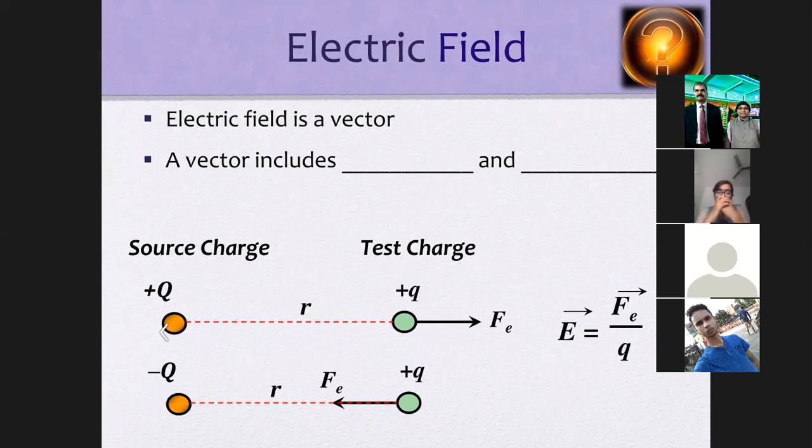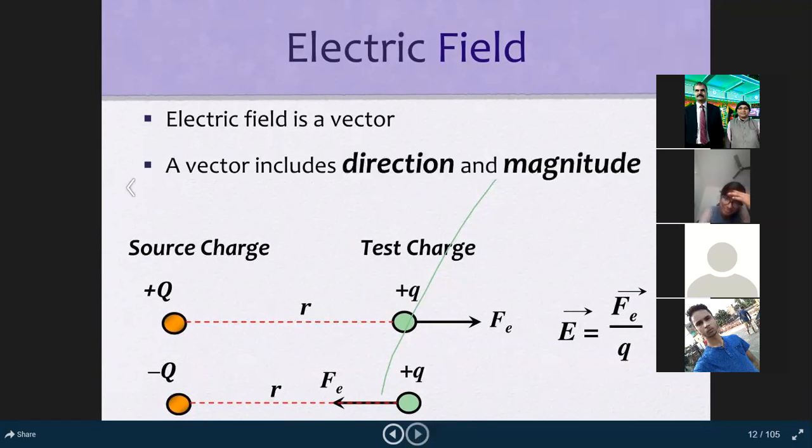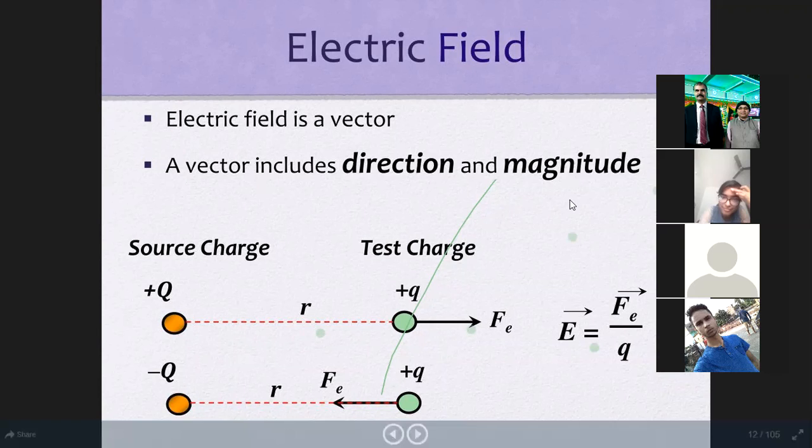Taking these important points in mind, we will draw the field lines for the negative point charge and positive charge. So try to understand. Electric field is a vector quantity. A vector includes direction and magnitude, and I have told you that a vector has to fulfill three criteria.